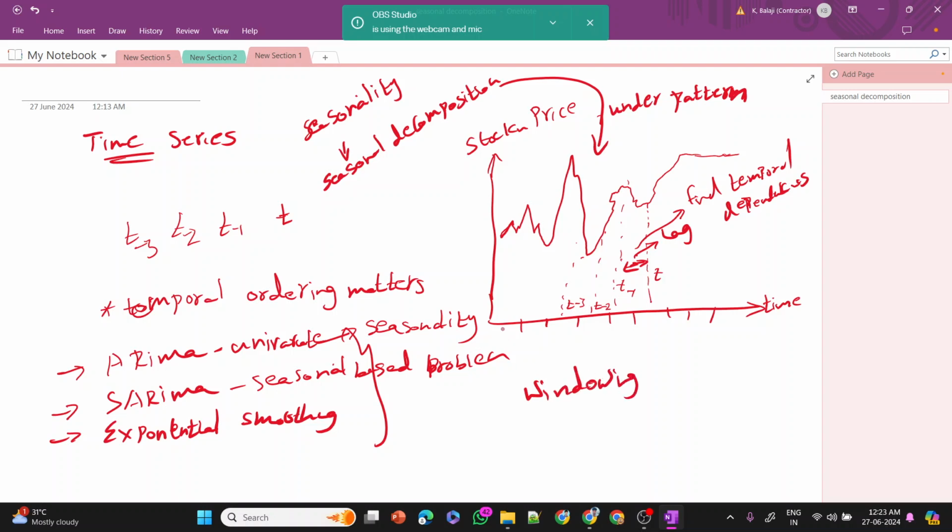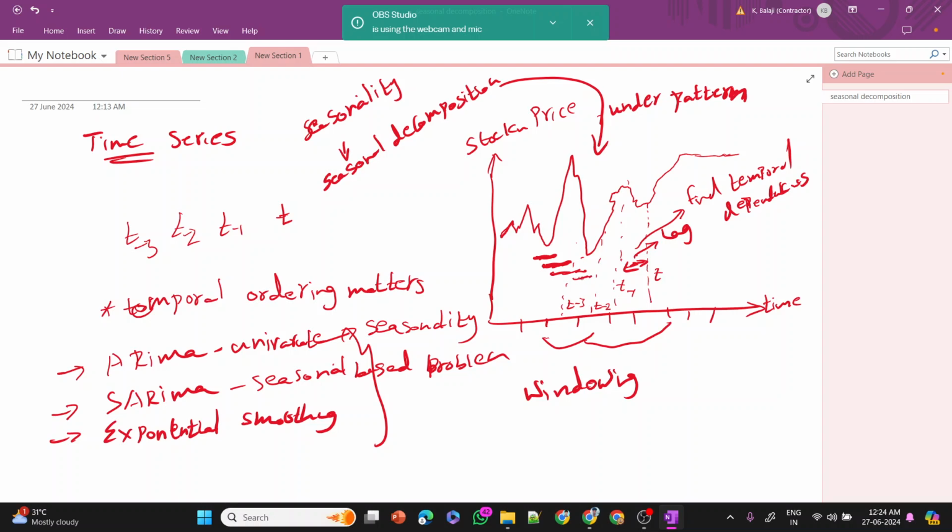Windowing means this is the overall time period, and let's take some portion of it. The windowing method first goes to this time period and analyzes the pattern, then goes one step forward and analyzes the next period, and then moves forward a little bit.